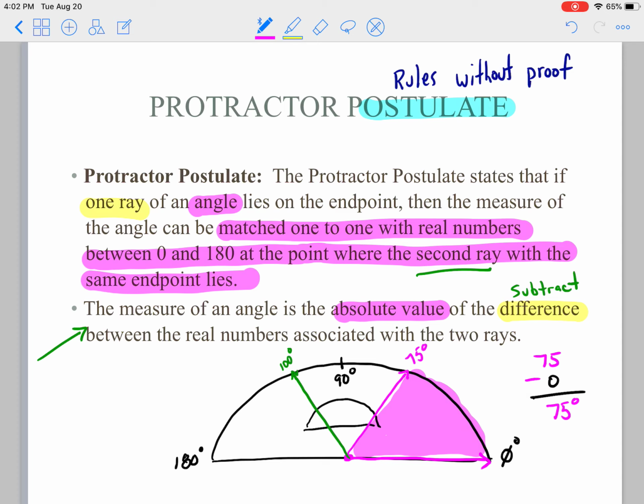That is the method for determining an angle measure. Once again, it's an absolute value, meaning that it has to be a positive value. We do not have negative angles. Only positive angle measures.